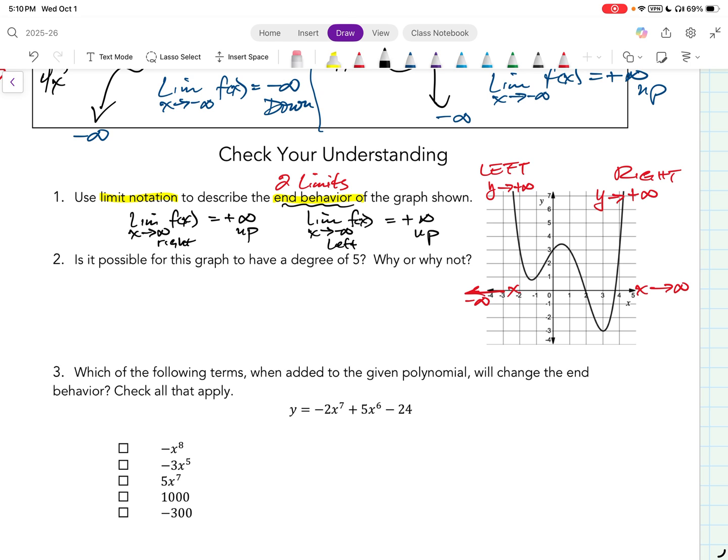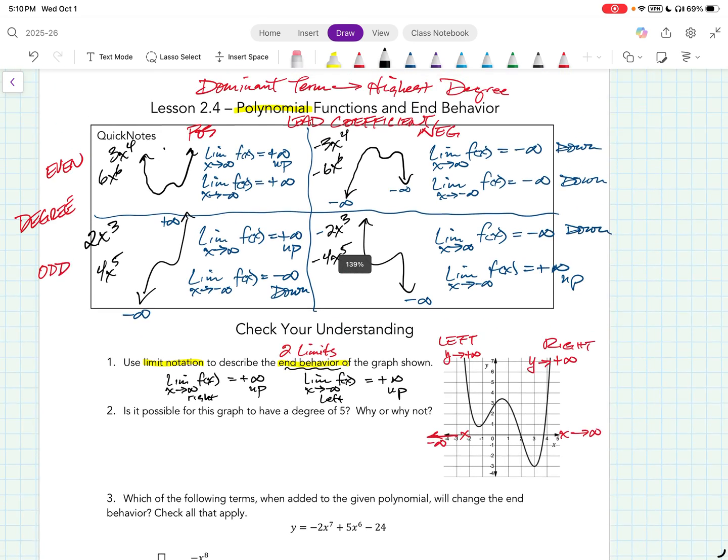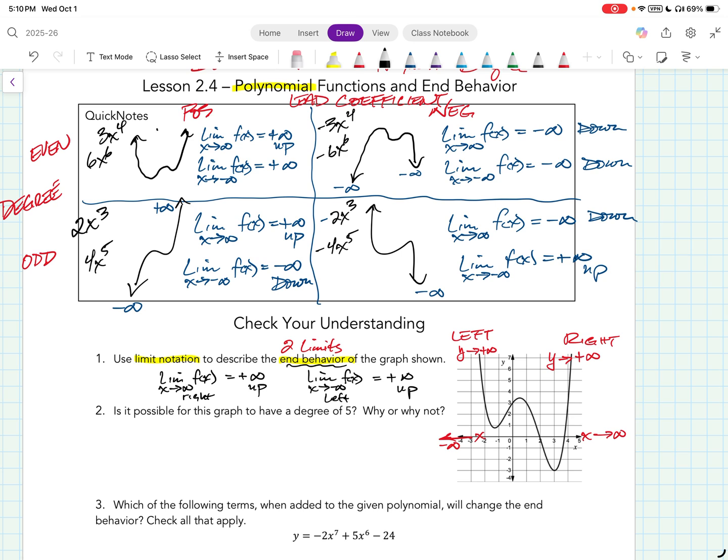Is it possible that it had degree 5? No, because if you look at your learning targets right here, if they have the same end behavior, it has to be even degree. This is an even degree function, or the dominant term has even degree, whether it's fourth degree or sixth degree, we really don't know.